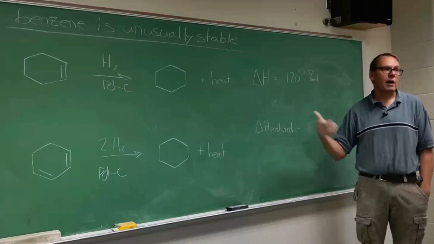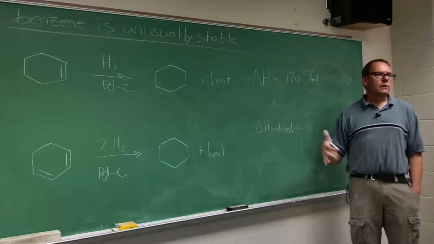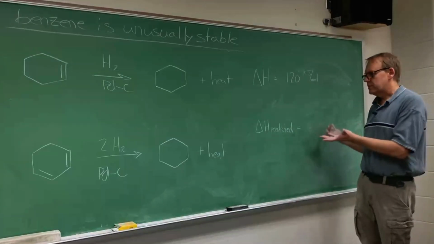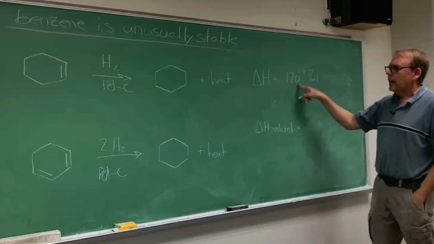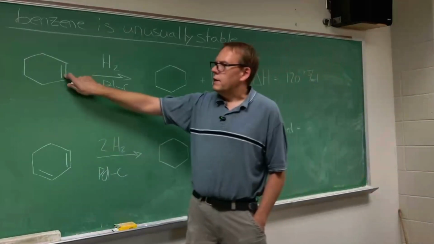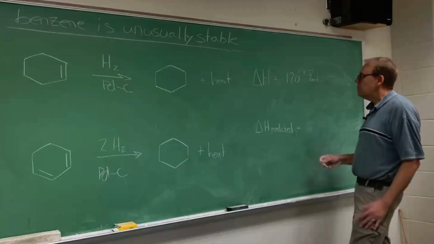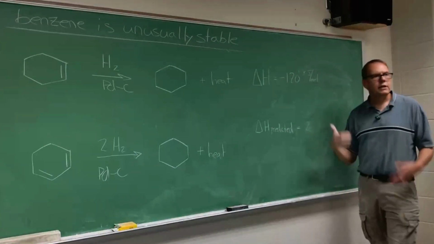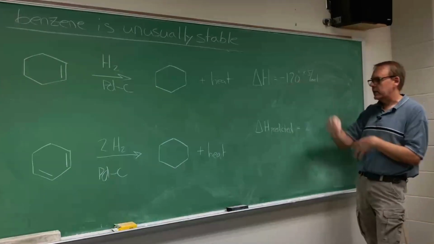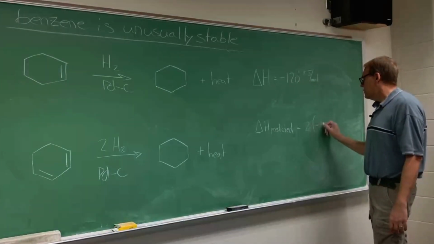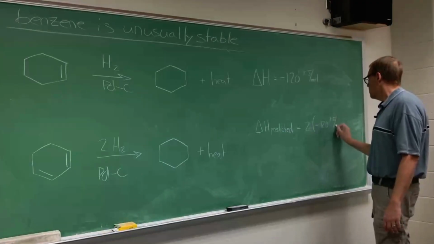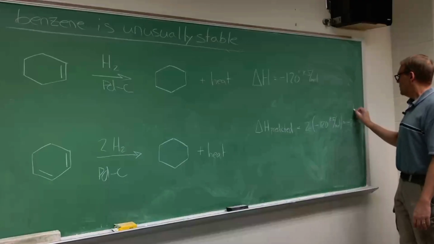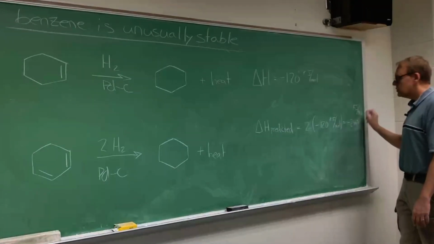We saw that in the previous chapter, and we measured a difference in delta H for a conjugated diene. There was some missing heat, and that heat is what we call the resonance stabilization. So the predicted value here would be 2 times that, because it's just a double bond inside a 6-membered ring and there are 2 of them. Heat comes out of this reaction, so it should be a minus: 2 times minus 120 kilojoules per mole, so maybe minus 240 kilojoules per mole. That seems logical.